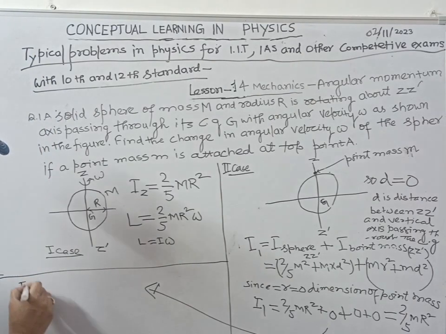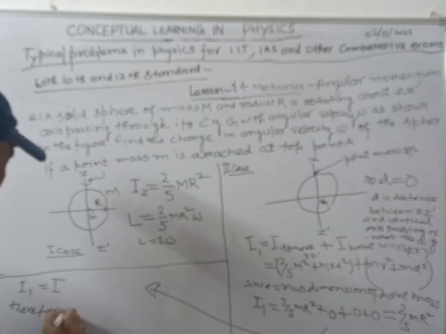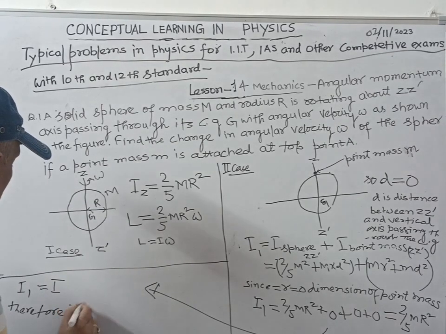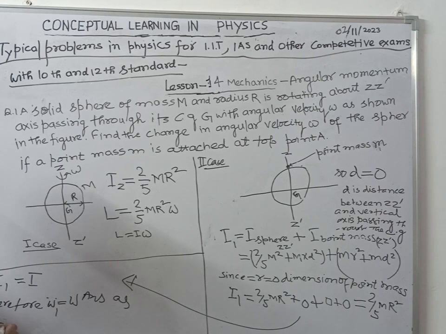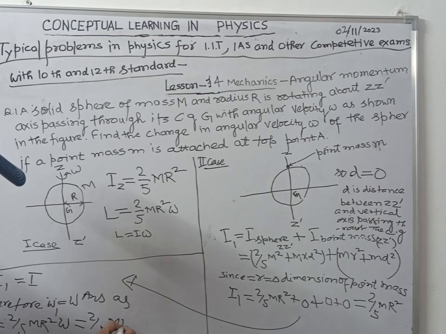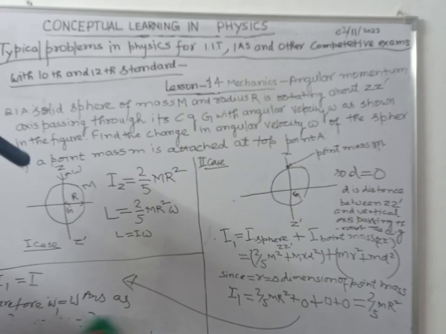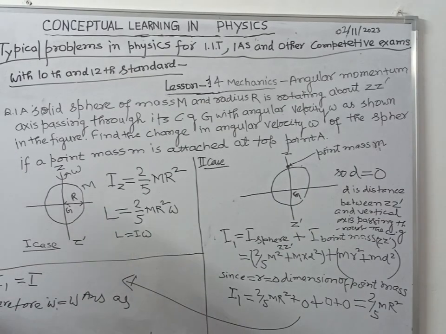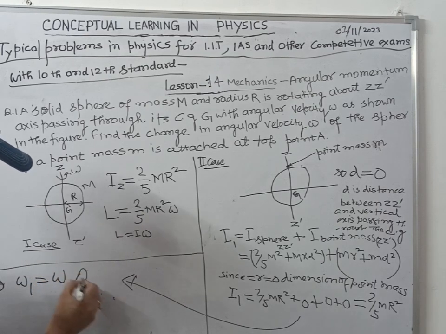So I1 is equal to I. Therefore omega1 is equal to omega, as L equals 2 by 5 m r square omega is equal to 2 by 5 m r square omega1. Omega1 is equal to omega, that is the answer.